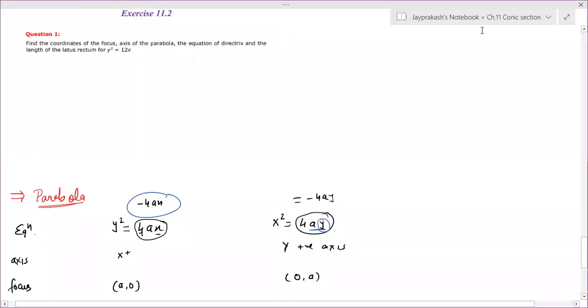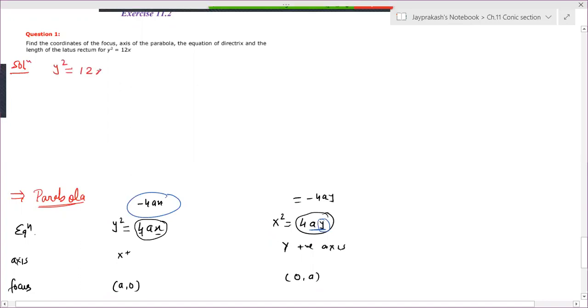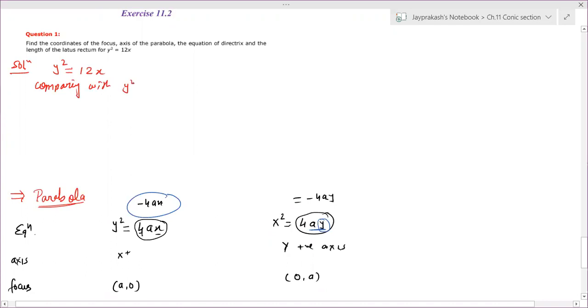So, exercise 11.2, your first question is to find the coordinates of the focus, axis of parabola, the equation of directrix and the length of latus rectum. Here the given parabola equation is y square is equals to 12x. Now on comparing with y square is equals to 4ax, we have 4a is equals to 12.